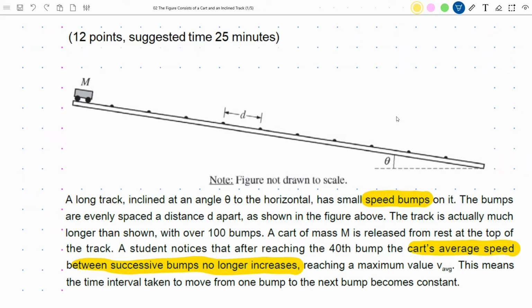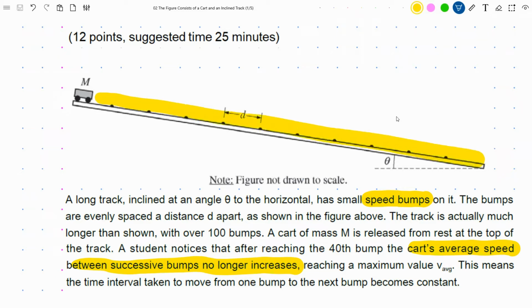So if there weren't speed bumps, we'd expect this cart to just go faster, faster, faster. And clearly that's not what's happening here because of these speed bumps. The speed bumps are disrupting it so that on average, the speed between bumps is the same. On average. Okay, so that's going to be an important part of this problem.